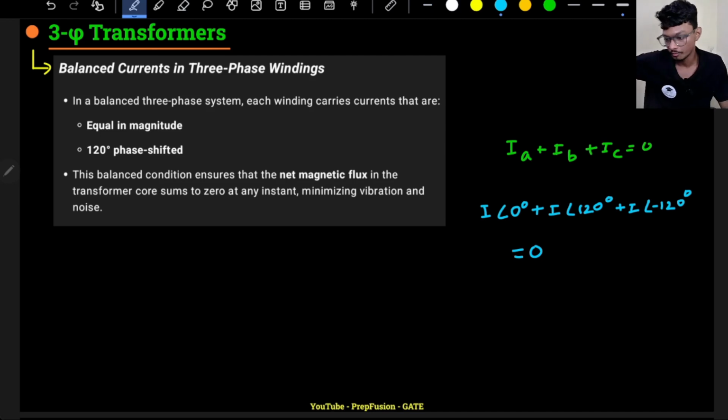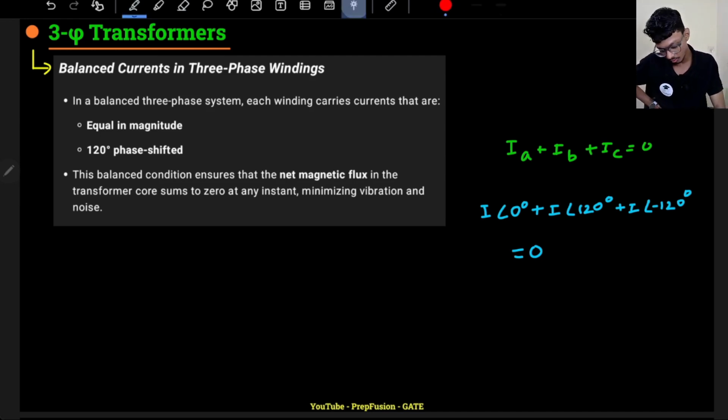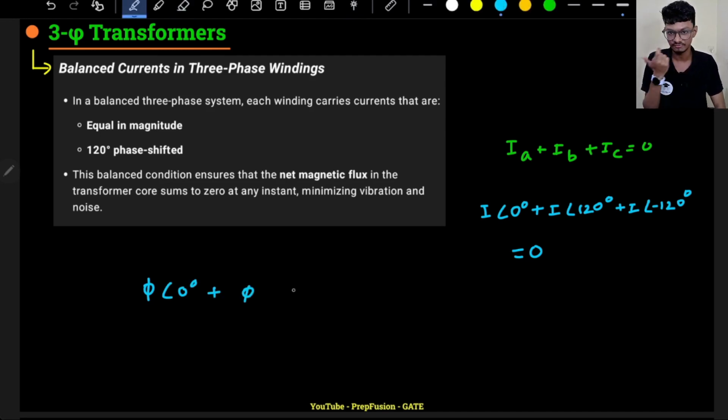So from here what I can say is that corresponding to these currents, the fluxes will also be phase shifted. So flux will be phi angle 0 plus phi angle 120 plus phi angle minus 120, because the current and flux are proportional.